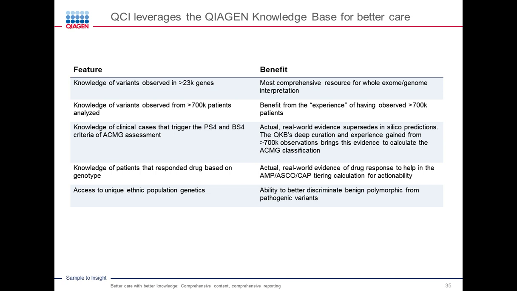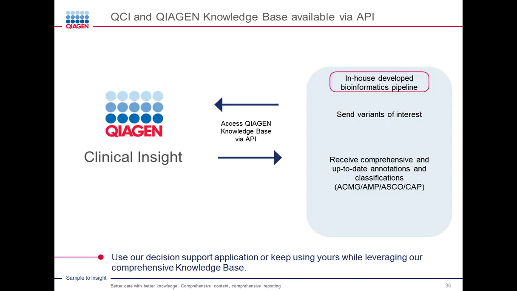We also have access to a broad mix of ethnic populations that are unique to the knowledge base, and this is because we have access to certain ethnic cohorts that are not publicly available, and this really gives researchers, especially for those underrepresented ethnicities, a better way to discriminate between benign polymorphic mutations from actual pathogenic mutations.